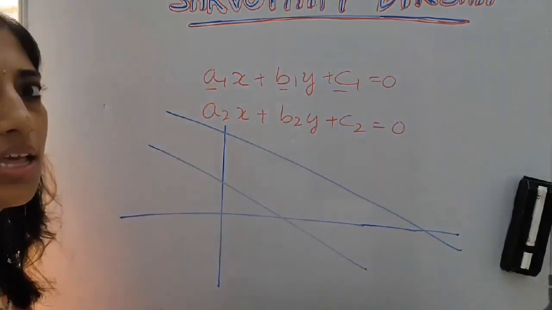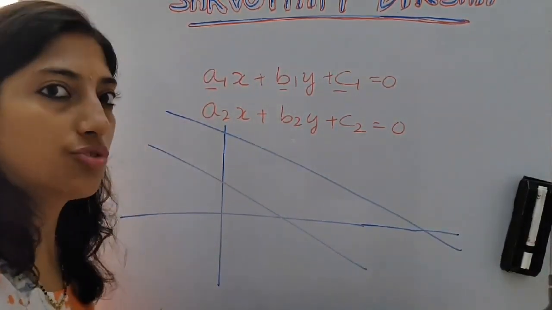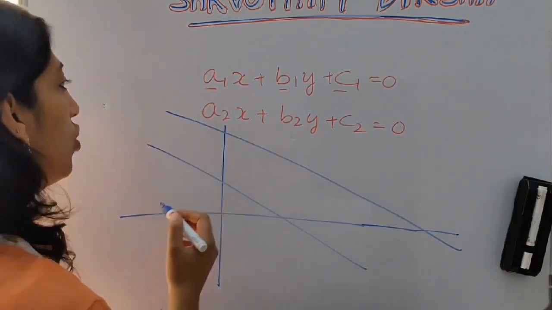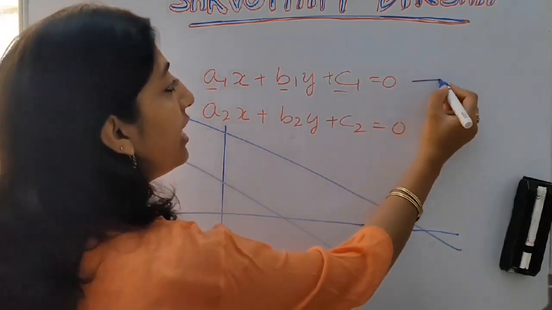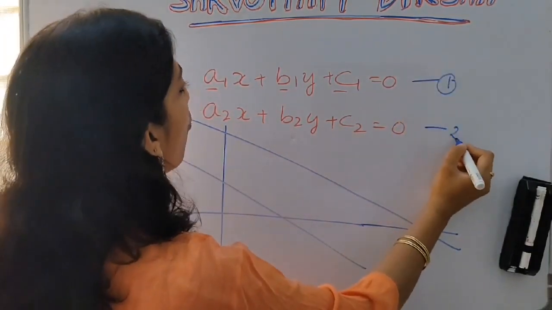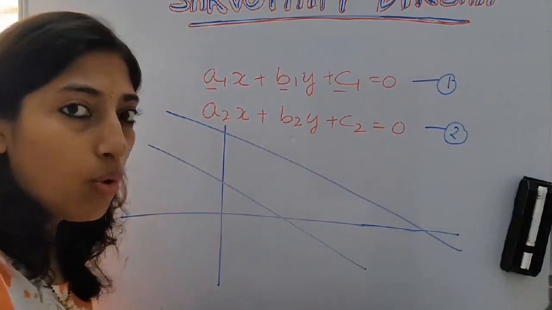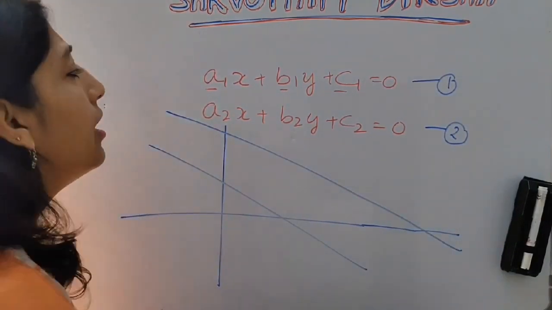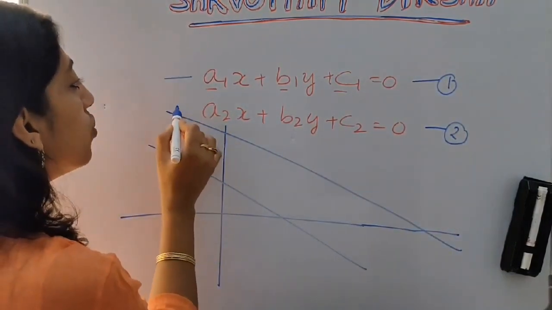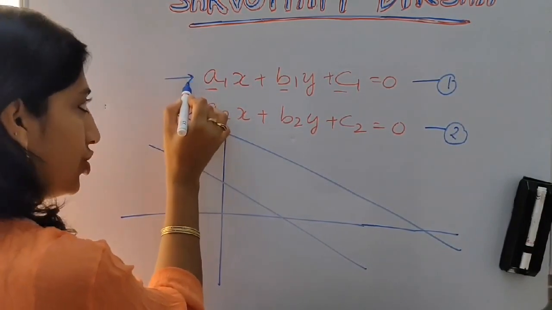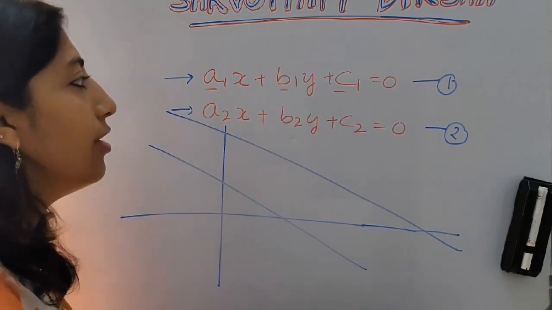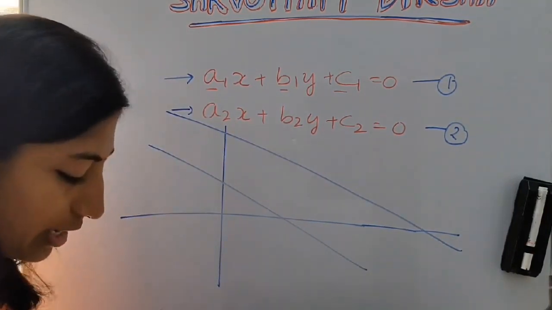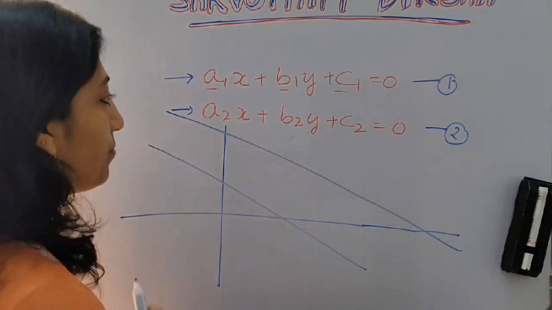So it means there is no solution to that. So this is also one case if I have two linear equations, and one more case is that I have two different linear equations which look different, but they are representing nothing but the same line.